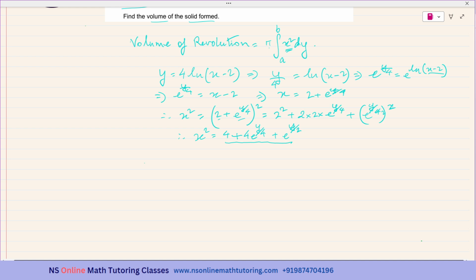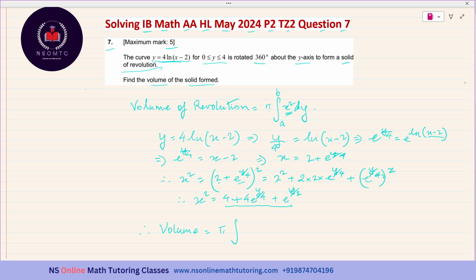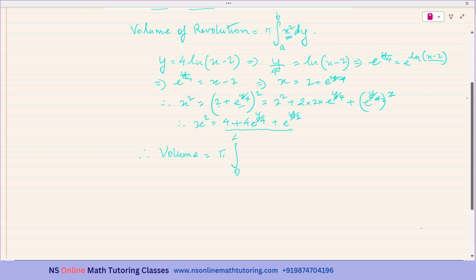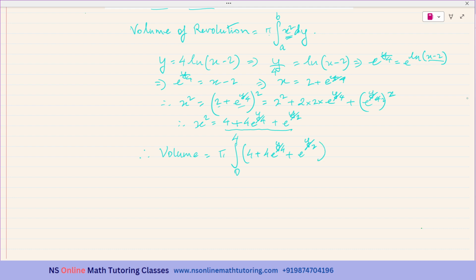Therefore, volume is equal to pi times the integral, and the limits of integration will be 0 to 4, as given, of 4 plus 4 e to the power of y over 4 plus e to the power of y divided by 2, dy. Okay. So we have to use the calculator now.